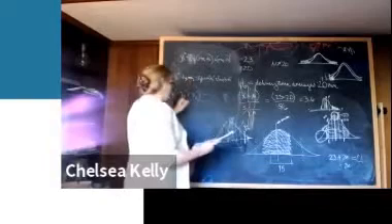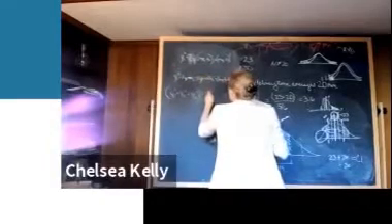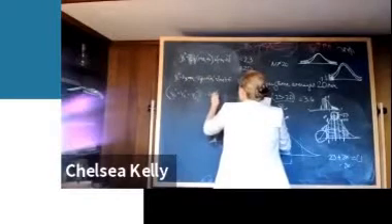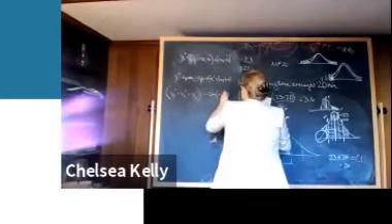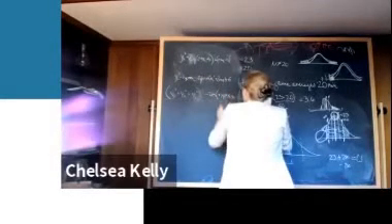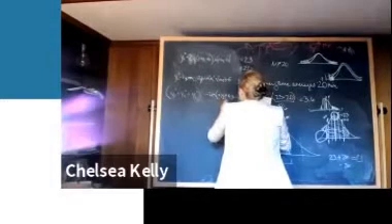You can make that 2m times x sub 1 y sub 1 plus x sub 2 y sub 2 all the way up to x sub n y sub n.